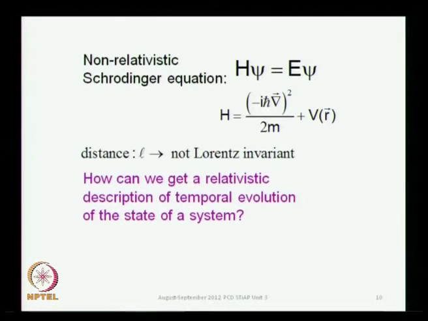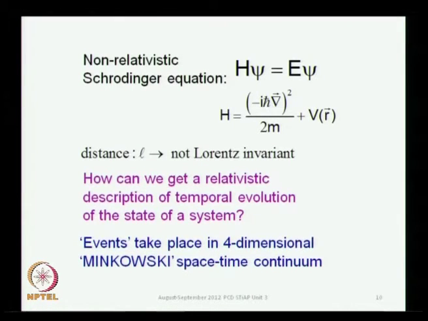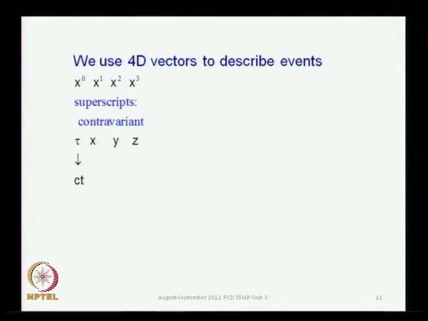So, this is the question that we must ask, and again this comes from non-relativistic classical mechanics, that you need to extend your idea of space to 4 dimensions, and this is an extension into a 4-dimensional space which includes time. This is sometimes referred to as the Minkowski space time continuum, and then an event in this space is characterized by 4 variables. These are the x0, x1, x2, x3.